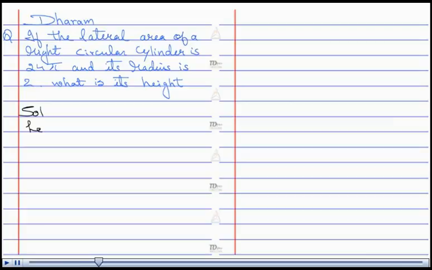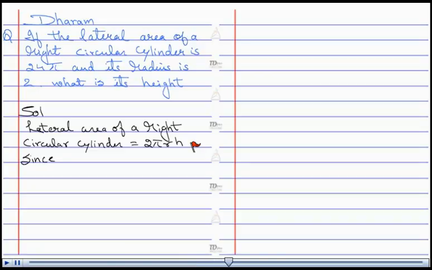Since we know that the lateral area of a right circular cylinder is given by 2 pi r h, where r is the radius and h is the height. Now in the question it is given to us that the radius r is equal to 2.